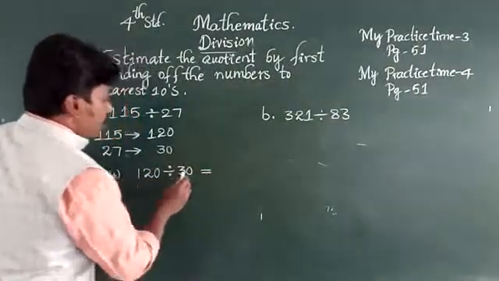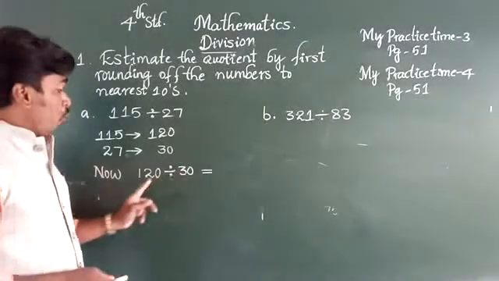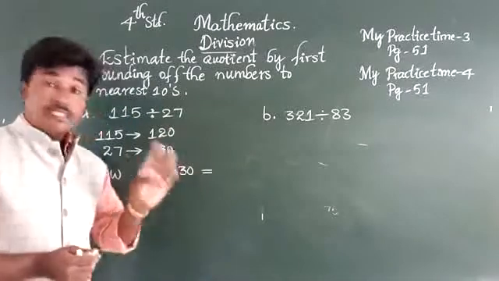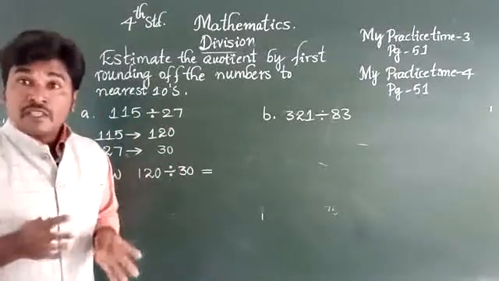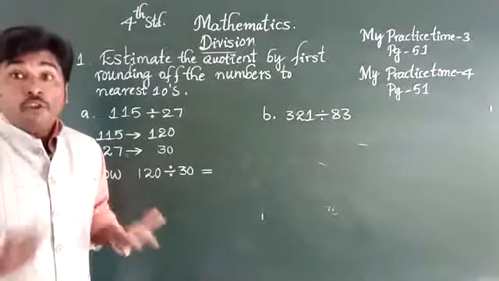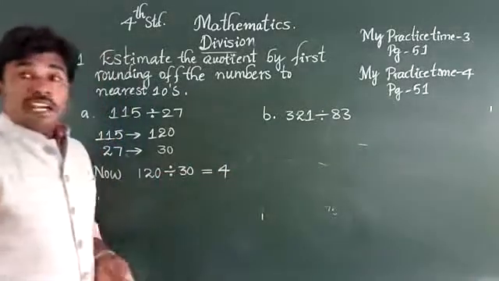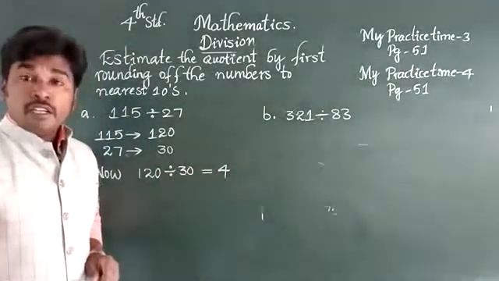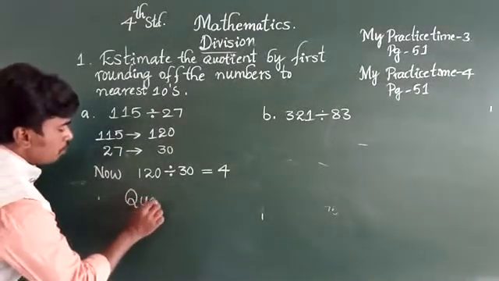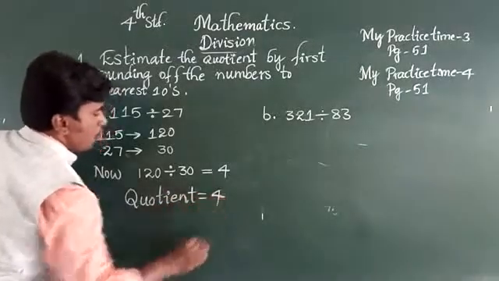So when you multiply 30 with 4, what answer do you get? 30 ones are 30, 30 twos are 60, 30 threes are 90, 30 fours are 120. So the quotient you are getting is 4. Therefore, quotient is equal to 4.